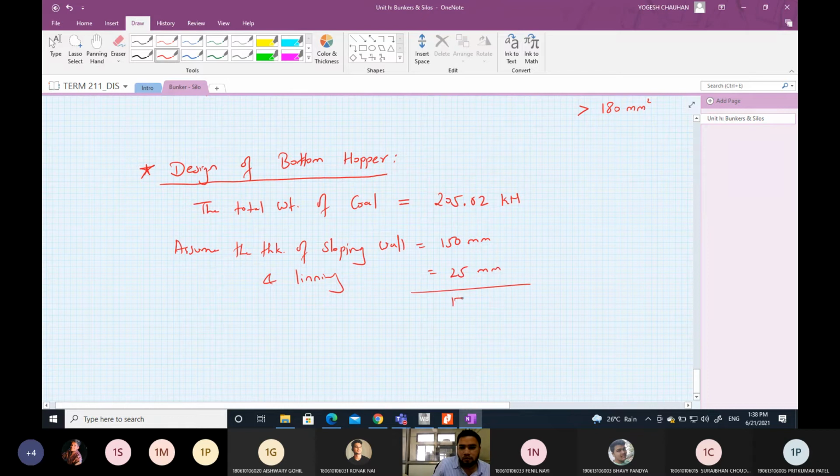So this will give you a total thickness of 175 mm, which is the total thickness of the sloping slab.